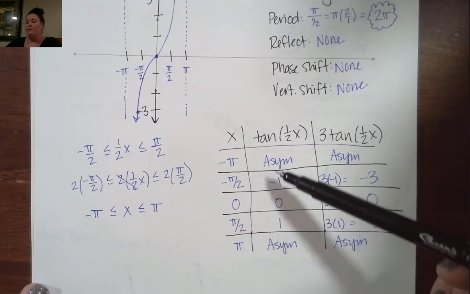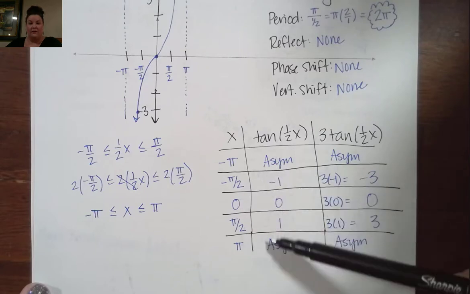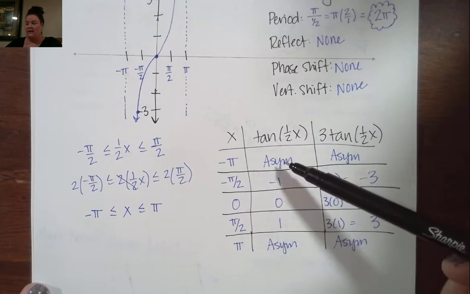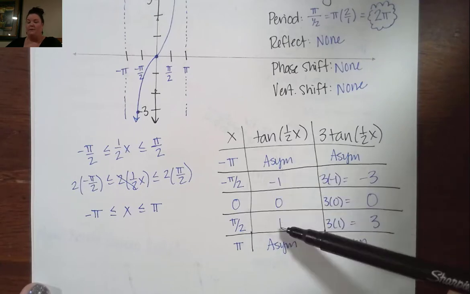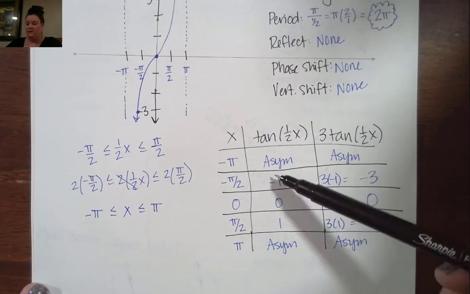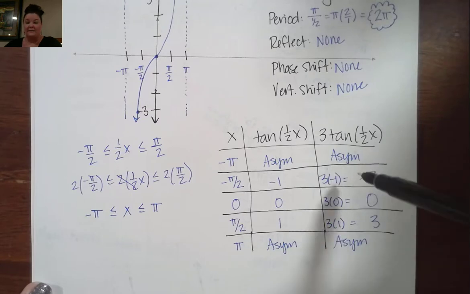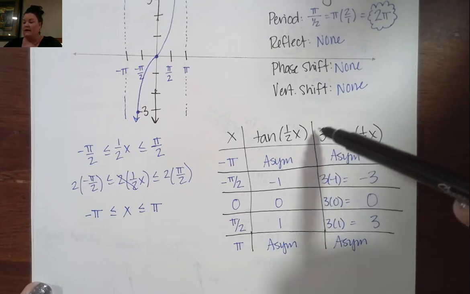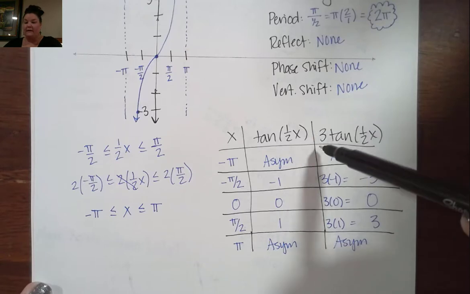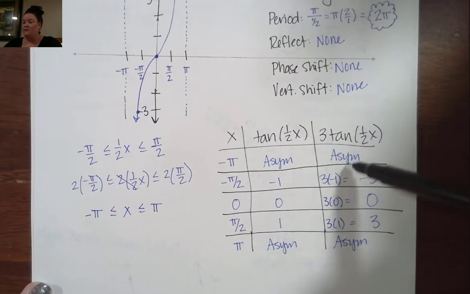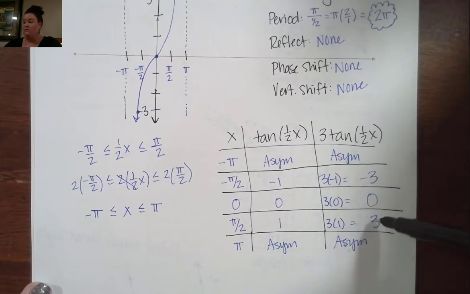I fill in with my nice pretty y values that we know from our tangent curve, which say we start with an asymptote and then we go from -1 up to 0 up to 1 and end with an asymptote, right? So our tan on the run, sky's the limit, just running off to wherever he wants to go, right? And then our last column over here is to adjust for our y's. So here we're multiplying our y's by this 3. That doesn't change our asymptotes, but it does change 2 of our points, right?